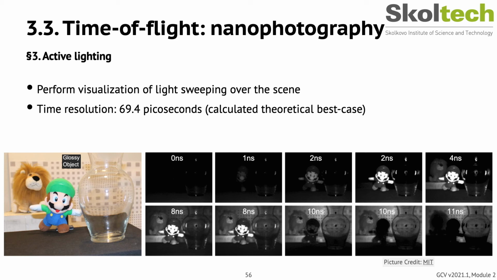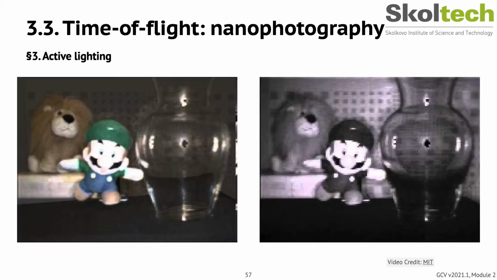In this scene, multipath effects can be seen in the glass vase. In the early time slots, bright spots are formed from the specularities on the glass. Light then sweeps over the other objects in the scene and finally hits the back wall, where it can also be seen through the glass vase at 8 nanoseconds.